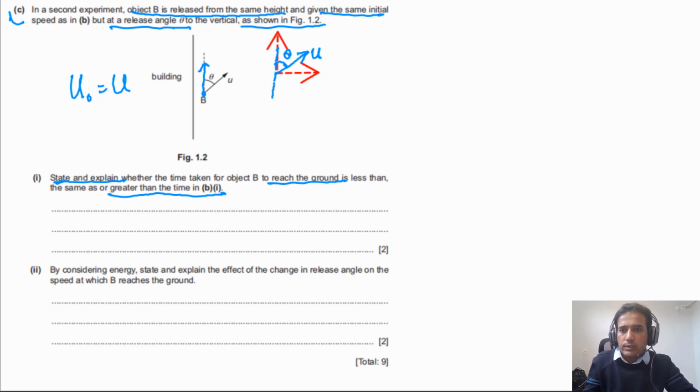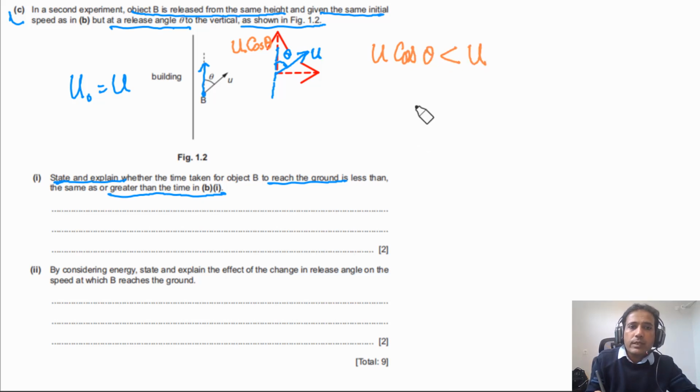And this new vertical component, this will be equal to u cosine of theta. As the angle is greater than 0, it means it is smaller than u. So we can say u cosine of theta, this is smaller than u, because theta is greater than 0.